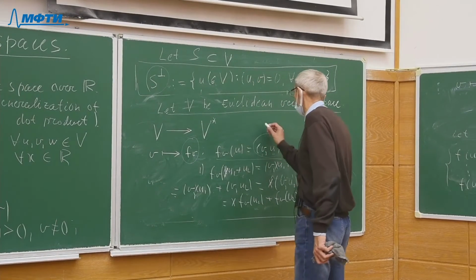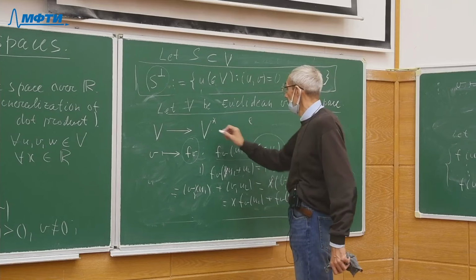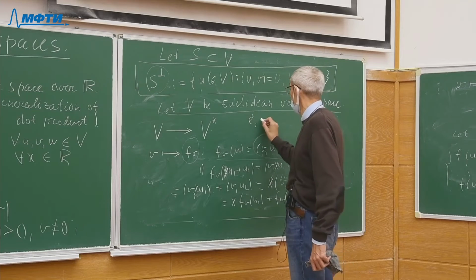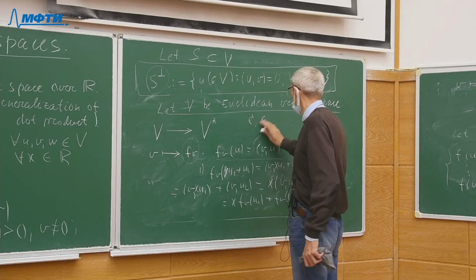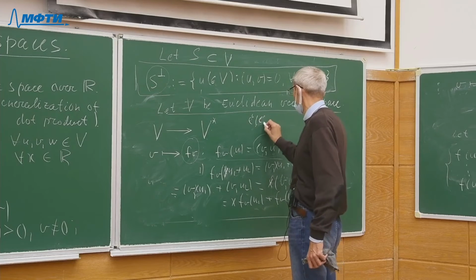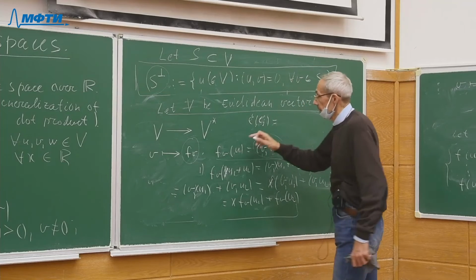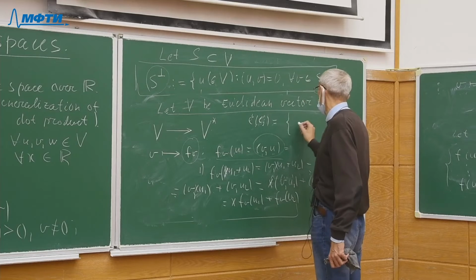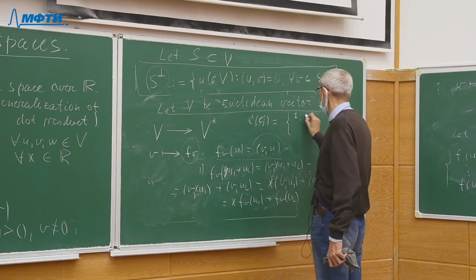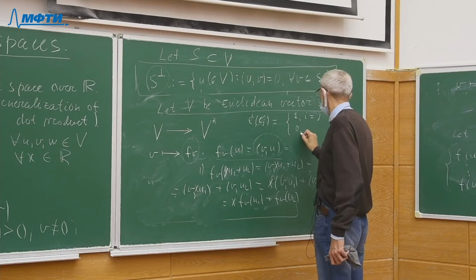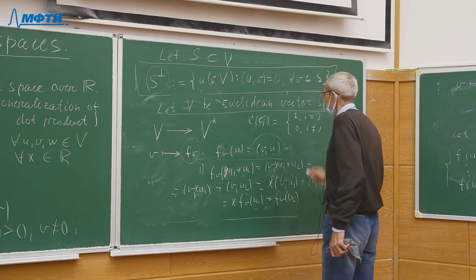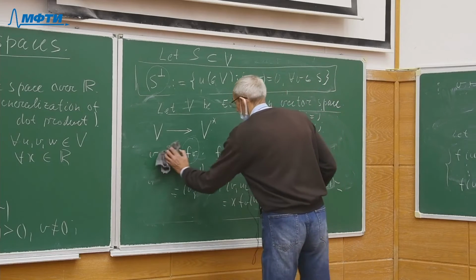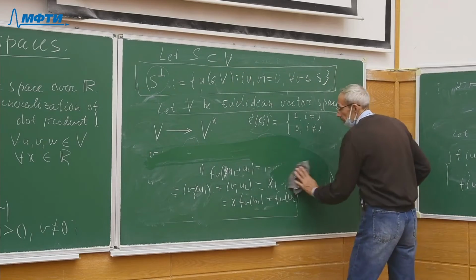I recall that the dual basis is a basis of the dual vector space, e_i, such that if we apply the functional e_i to the vector e_j of the basis in the vector space V, we obtain 1 if i is equal to j and 0 if i is not equal to j. And such a basis is called the dual basis.